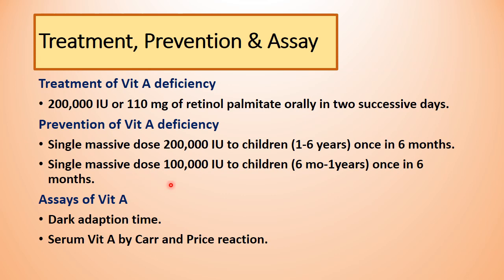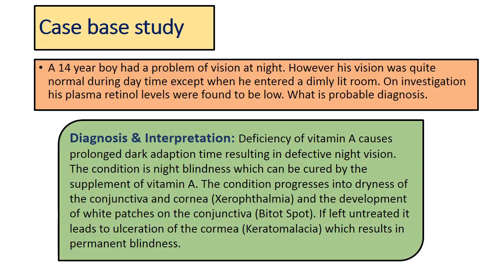And a single massive dose of 100,000 IU to children 6 months to 1 year, once in 6 months. And vitamin A assay is by dark adaptation time and serum vitamin A by Carr-Price reaction.